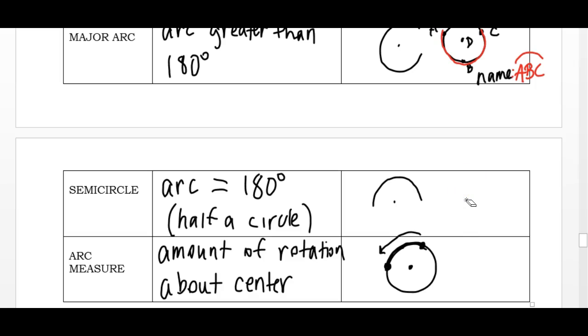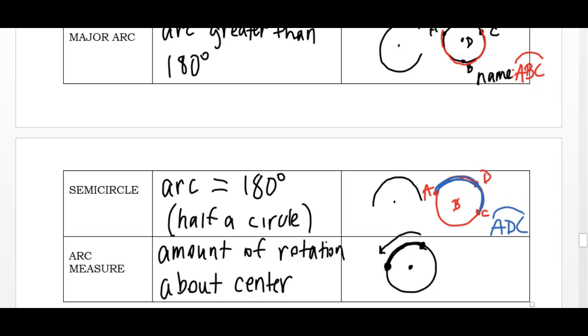Okay, so I got a full circle. I got my center. I'm going to put a couple points on my circle. And if I want to do this semicircle in blue, right here, 3 letters, A, D, C.